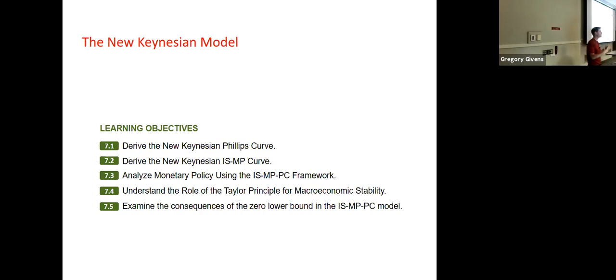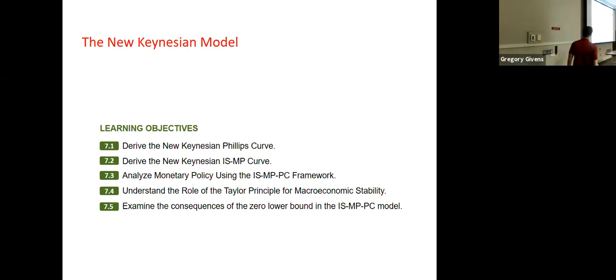So we'll discuss how you put those two pieces together to analyze different monetary policy situations in equilibrium. And we can do things like, how should the central bank respond to a demand shock? Or how should policy respond to a supply shock, or to changes in inflation expectations? Or what happens if there's a change in the inflation target? All of those kinds of questions can be analyzed within the context of the new Keynesian model.